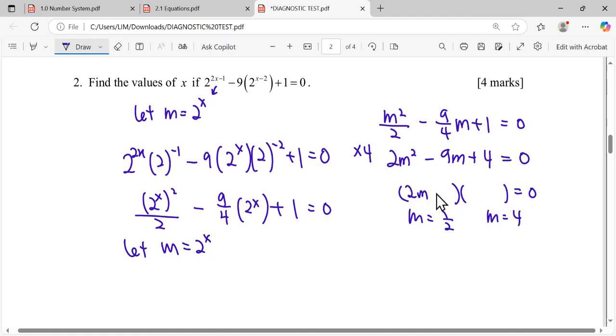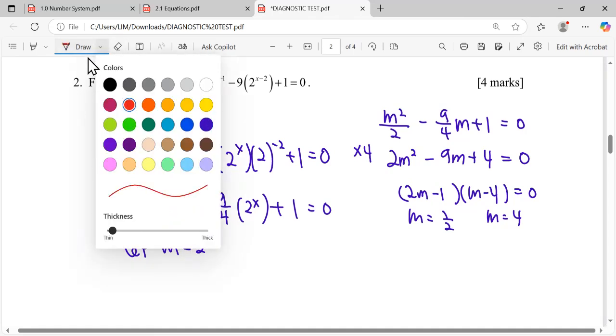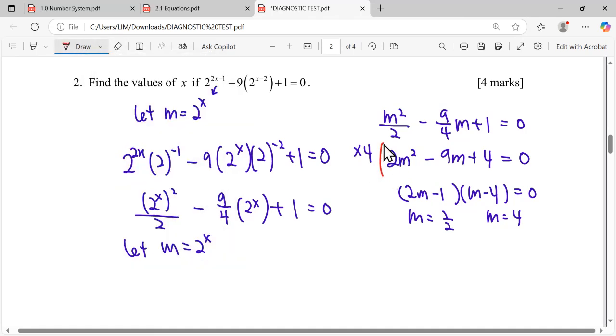So factorization gives 2m minus 1, then m minus 4, and only then can you make your working rational. When you have this quadratic in the bracket, when I expand it out, it is this quadratic; when I put it in the bracket, it is 2m and m squared. So most of the students, your mistake here is you forget to simplify your quadratic equation, then you just press your calculator straight away.